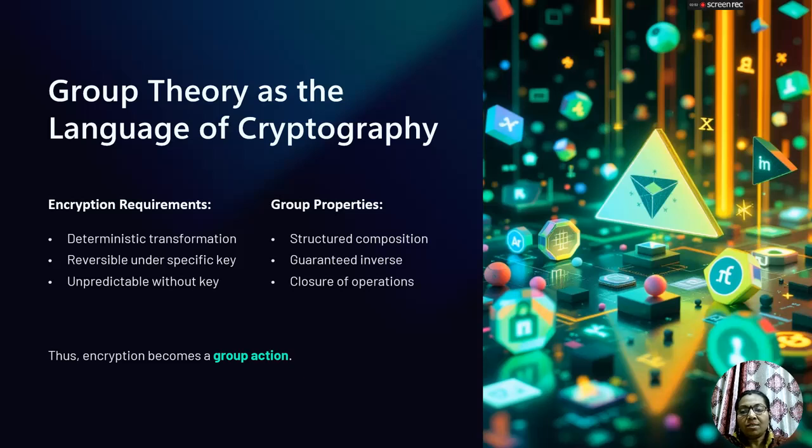The second is reversible under the specific key, and absolutely we are using the inverse concept here. The next one is unpredictable, where the closure property of operations is used. So we can see encryption becomes a group action.